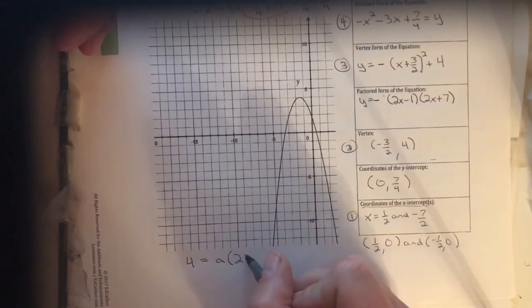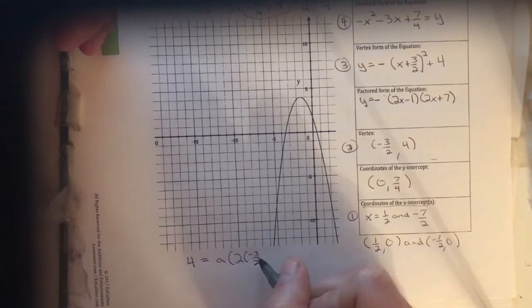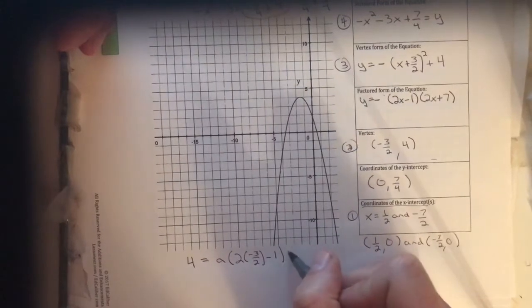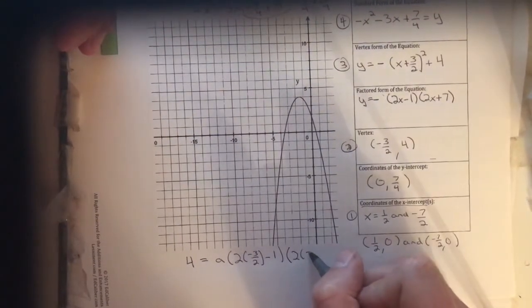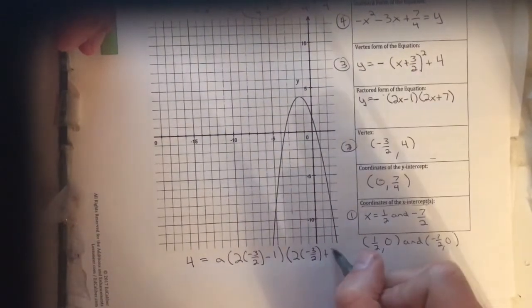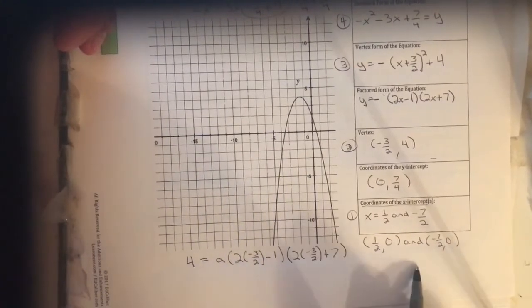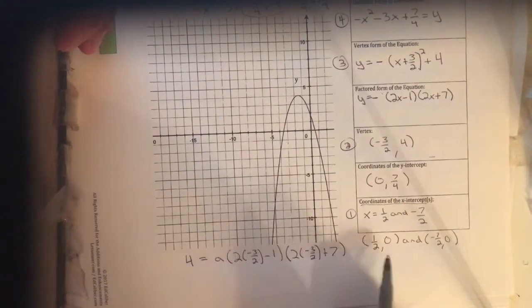So 2 times -3/2, it gets a little busy here, take away 1, following this form here, times 2 times -3/2 plus 7. So we're going to solve this whole thing down here and make sure that you have it all. I'll need to see this work on the test. We're going to solve this whole thing for a.